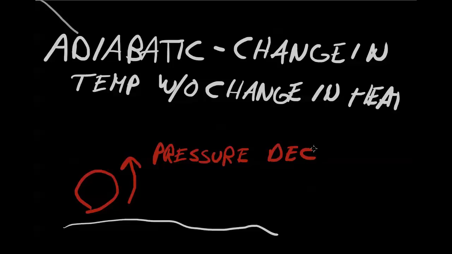As you go up in the atmosphere, if pressure decreases, that means the particles spread apart. If the particles spread apart, they don't come in contact with each other as much. Therefore, temperature will decrease.